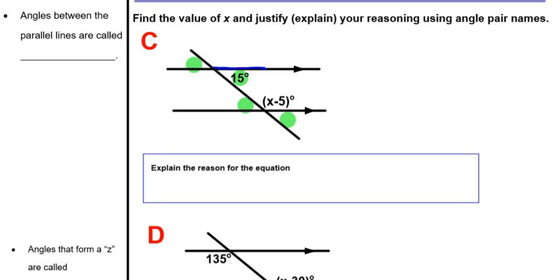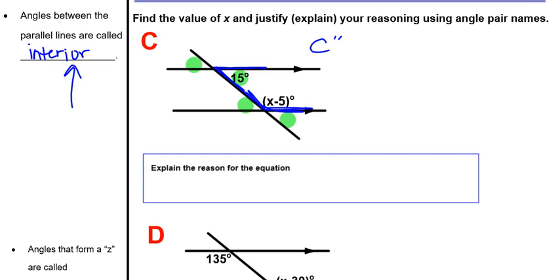So if I trace this one and I trace this one, I notice that they are both between the parallel lines. They asked me this question right here. Angles between the parallel lines are called what? Those are the interior angles. And so in this diagram, I need to figure out what kind of interiors those are.